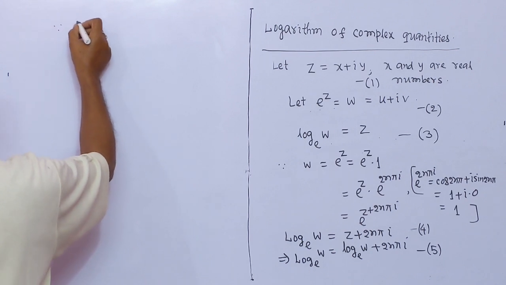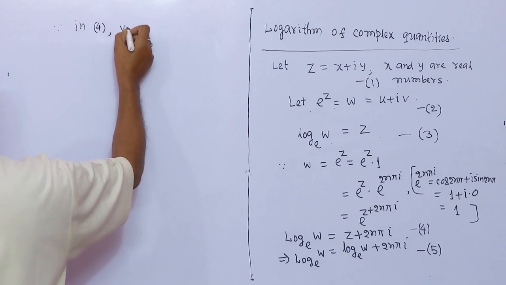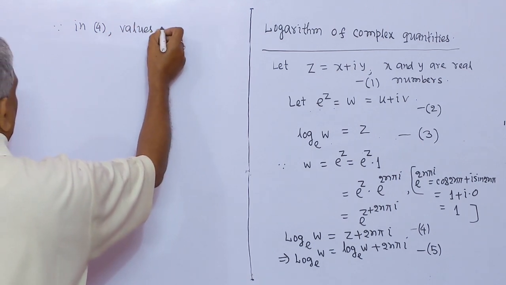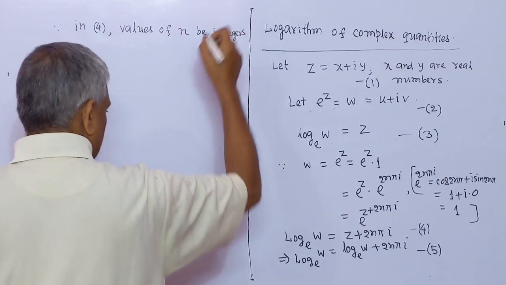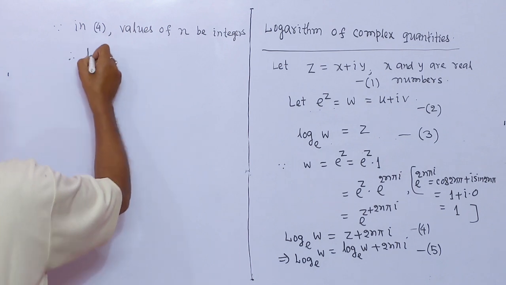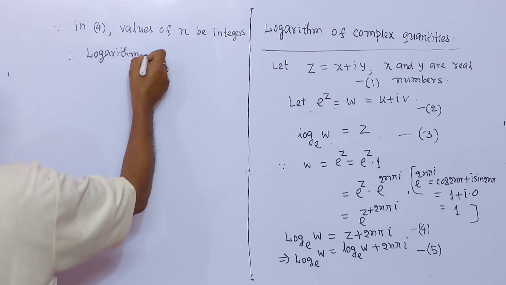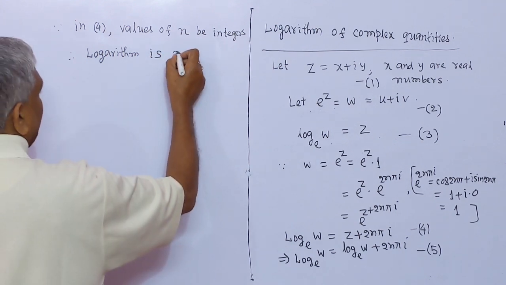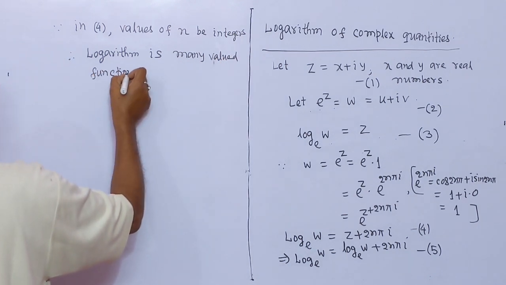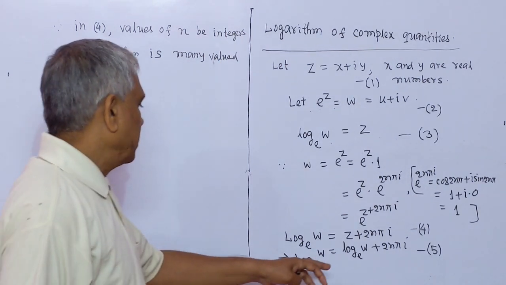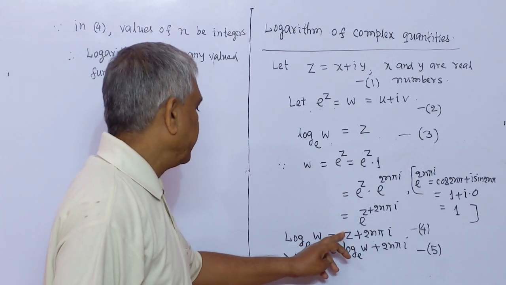Since in 4 the value of n can be any integer, therefore the logarithm Log is a many valued function, because if we change the value of n we get different values.